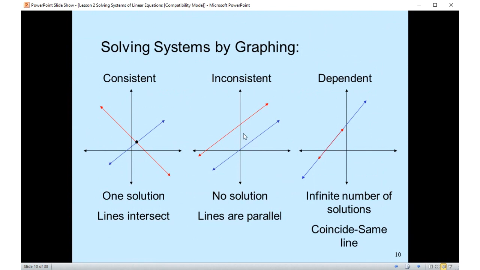That's when two lines have the same slope, they're parallel. And the last one is dependent, when they're the same line. That's an infinite number of solutions because the lines always cross.